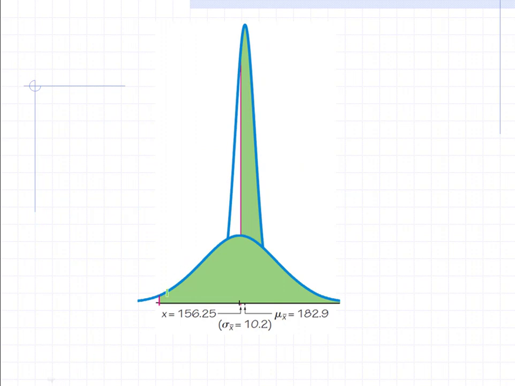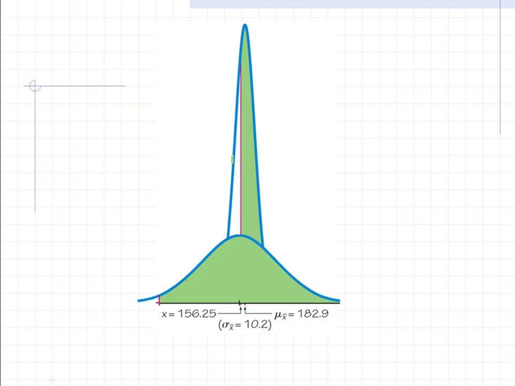And again, here is a comparison of those two distributions. The short fat one is for a single individual, but the tall skinny one is for a sample size of 16.